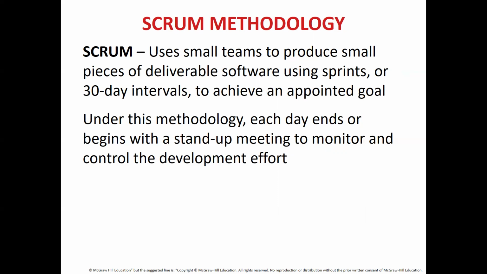For example, if the software has a module called sales tax, or calculation of tax, the team will go and try to get that done within the appointed time to meet the goal, and they'll try their best to get it done within that point in time.